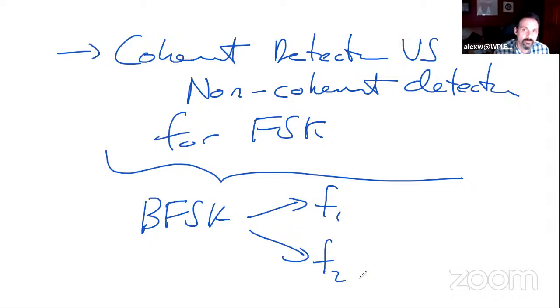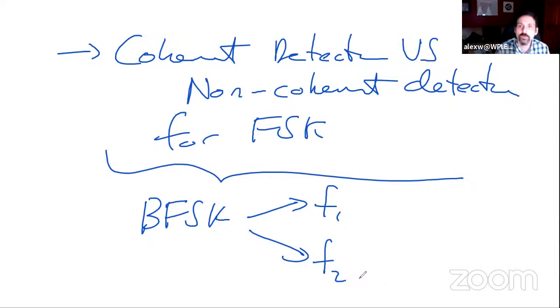One is very sensitive to the timing of the received signal in order to extract one of those two frequencies, and the other is irrelevant of what the timing is. As time goes along, it will give us what the F will be, whether it's F1 or F2.